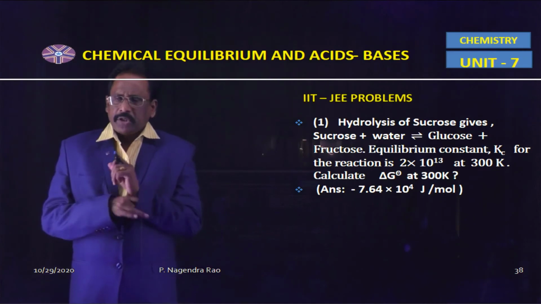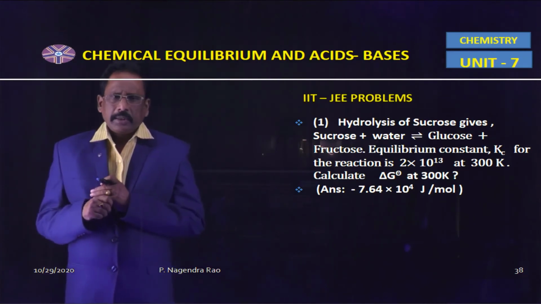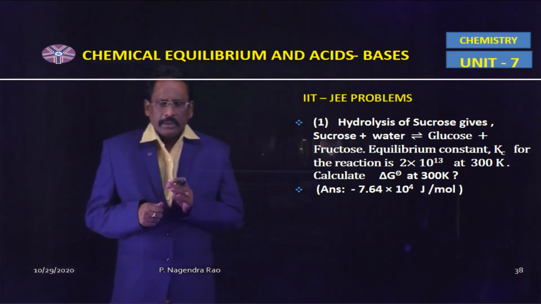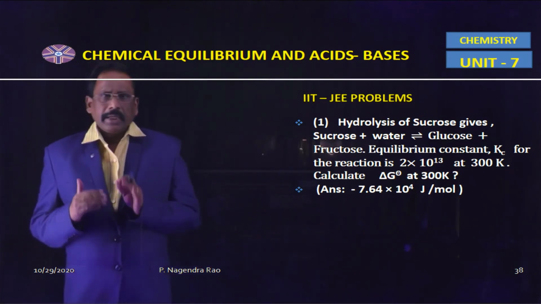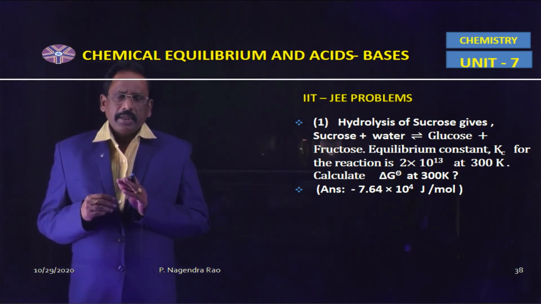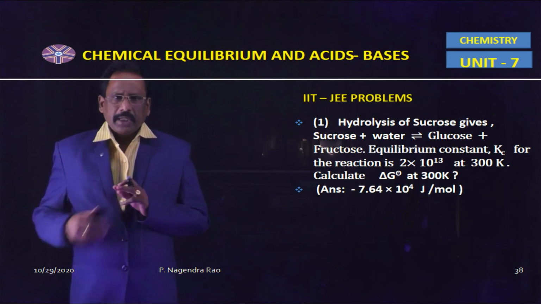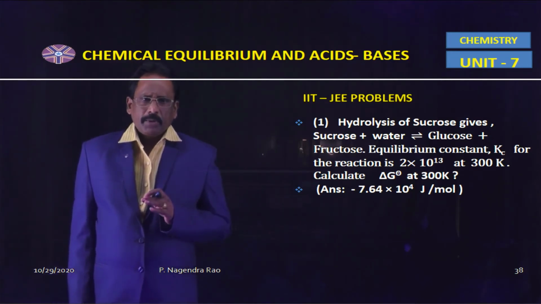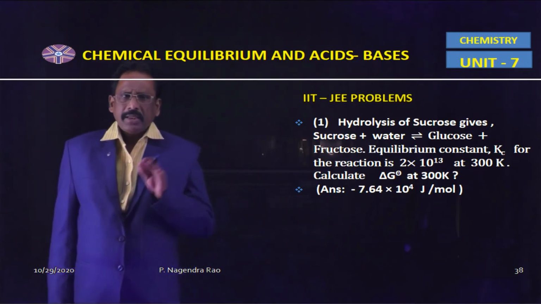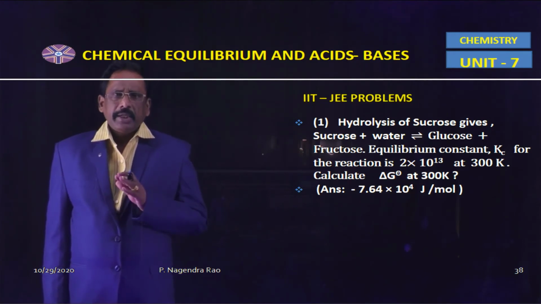Now the first problem based on that relationship, between Kc and the standard Gibbs free energy change, is: Kc is given at 300 Kelvin temperature, and calculate the change in Gibbs free energy at standard conditions.